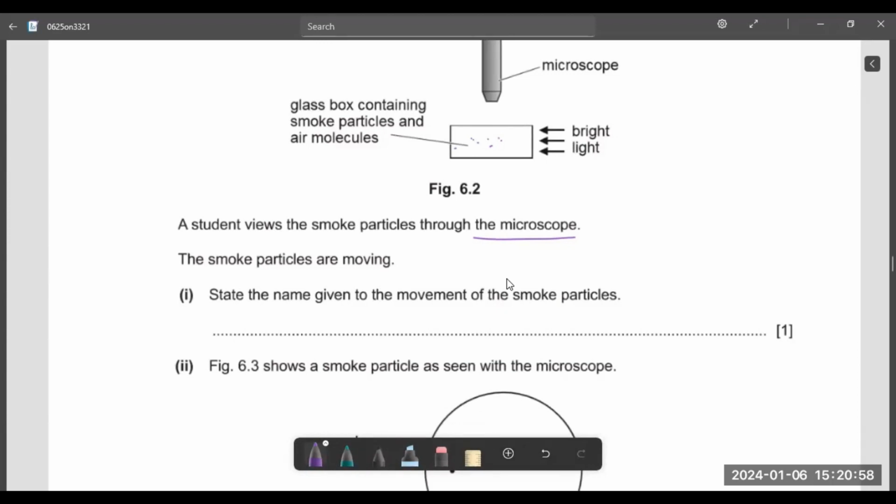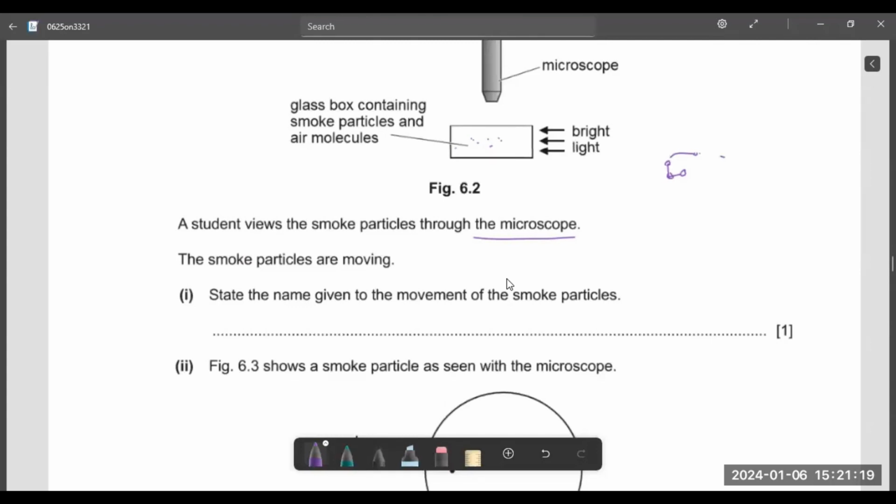Actually, the random movement of particles in a fluid or a gas is called Brownian motion. This motion occurs due to continuous collision. These molecules collide with each other and bombard the particles.